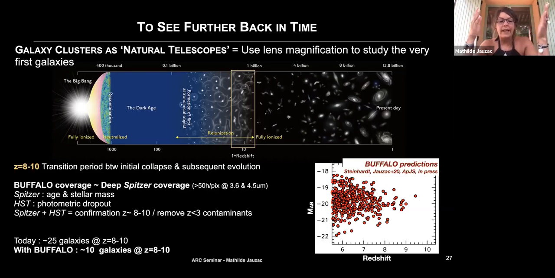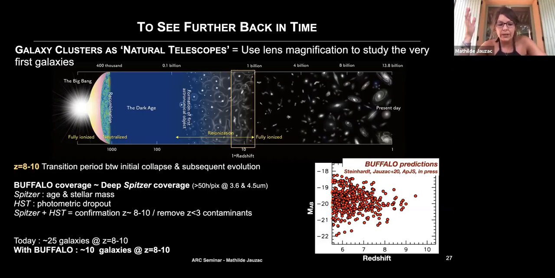The idea was that Spitzer is near infrared, so it gives you the age and the stellar mass, and HST will give you what we call the photometric dropout. It is a method to confirm that your galaxy is really high redshift and not a medium redshift contaminant, like less than 3.